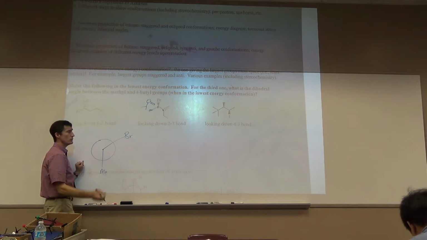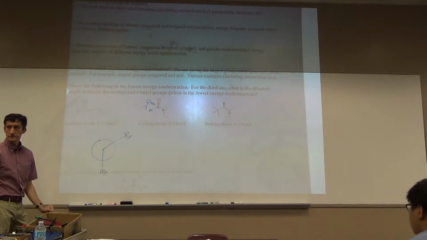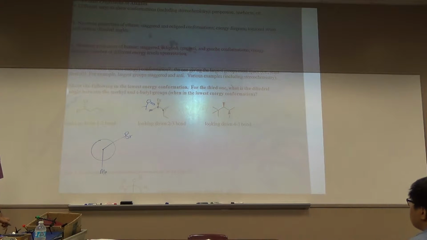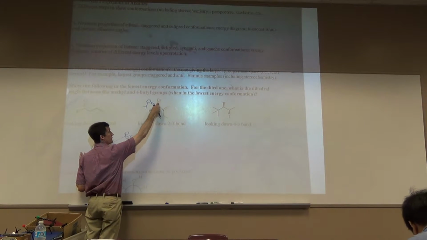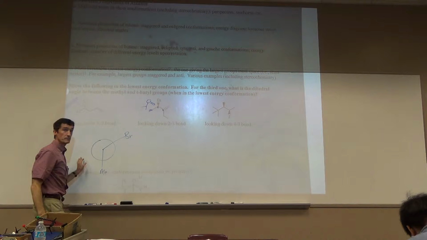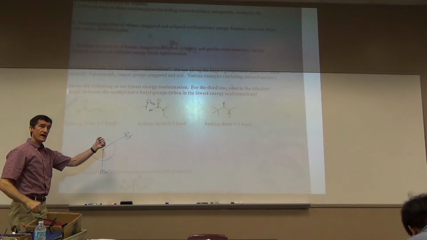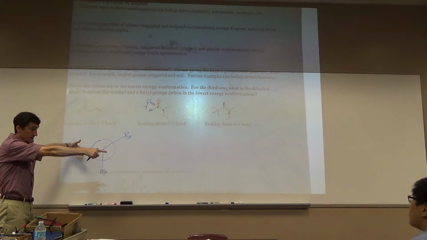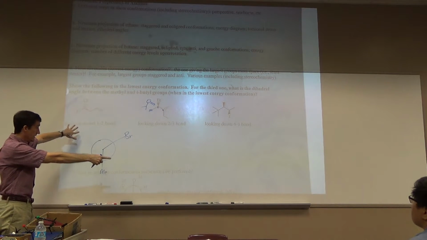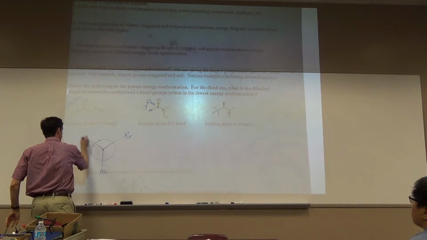What's on carbon 2 going behind the board? An undrawn hydrogen, right? Tetrahedral. 2 in the plane, 1 forward. H must be back. So if it's behind the board, I'm looking here, behind the board is to my left. Hey, I see an H going to my left. There's an H going to my left.